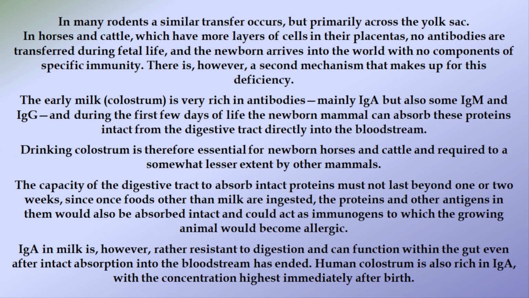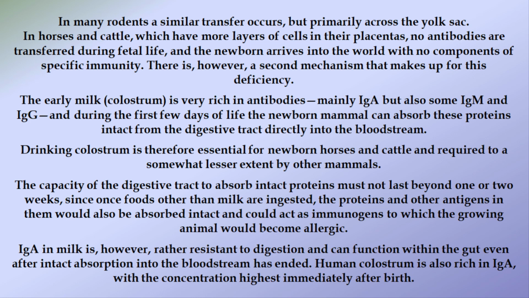In many rodents a similar transfer occurs, but primarily across the yolk sac. In horses and cattle, which have more layers of cells in their placentas, no antibodies are transferred during fetal life, and the newborn arrives into the world with no components of specific immunity.